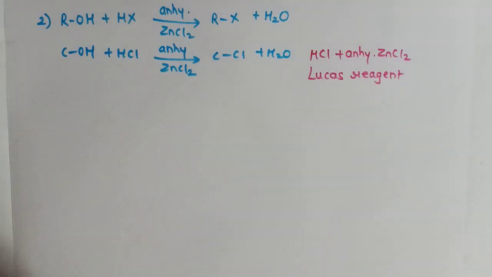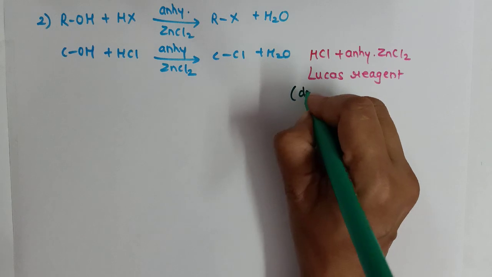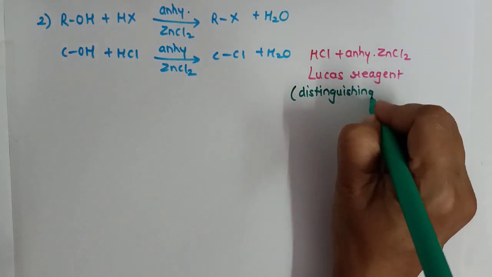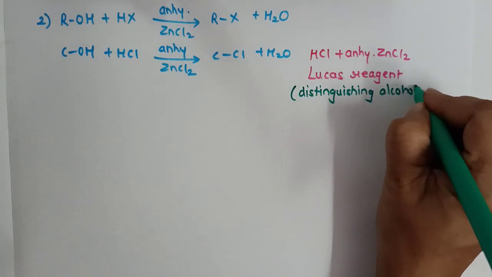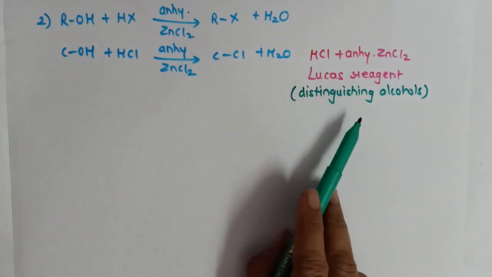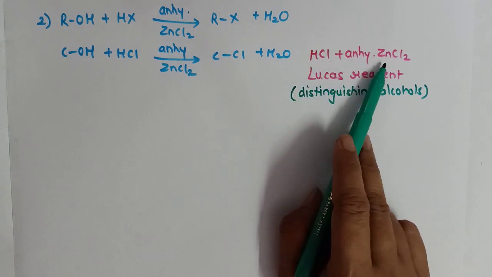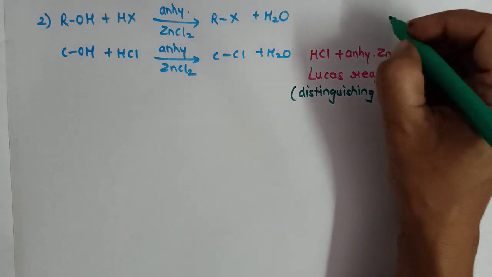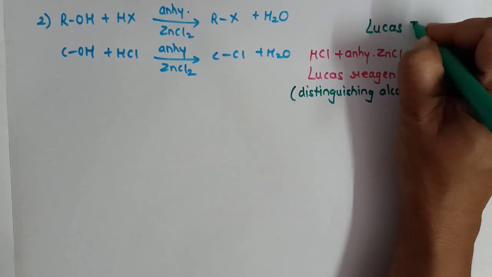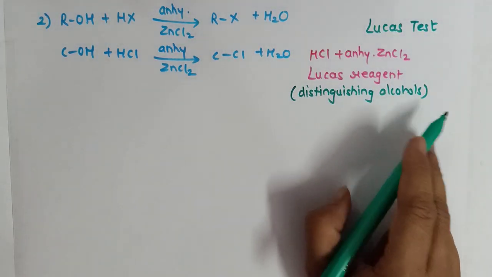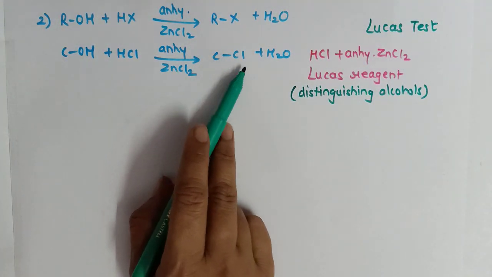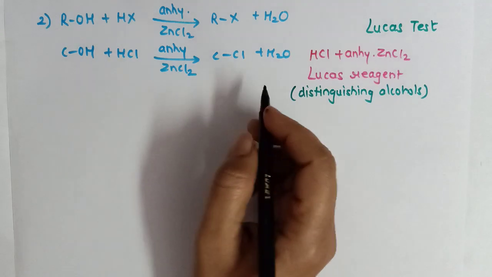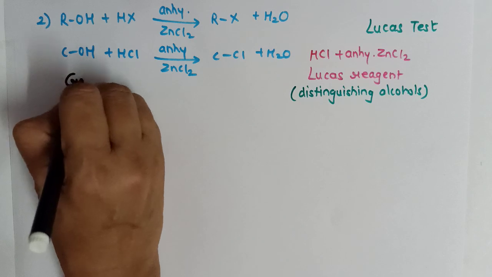This reagent is very useful to us as it is used for distinguishing alcohols. How? That we are going to study in our chapter alcohol, phenol and ether, for which I am now giving you the introduction that HCl and anhydrous ZnCl2 is known as Lucas reagent, and that test will be known as Lucas test, which we will use to distinguish alcohols. But right now we are focusing on how we are going to prepare haloalkane from this. Now this whole reaction is a name reaction and it is called Groves process.